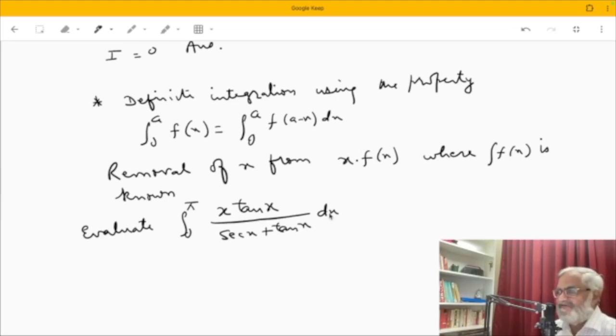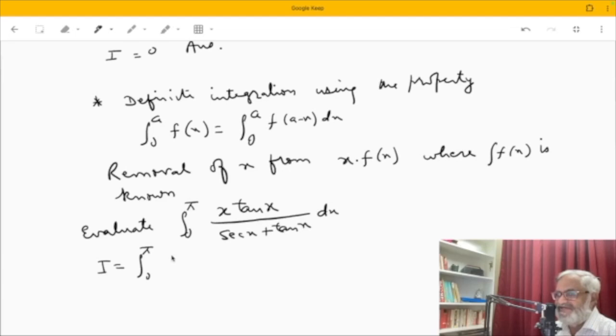Using the property of definite integration, we will remove the x. So using the property, integral 0 to a of f of x equals f of a minus x dx, I equals integral 0 to pi. Now remove x, so apply the property.